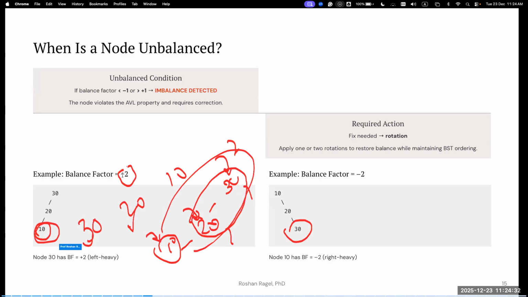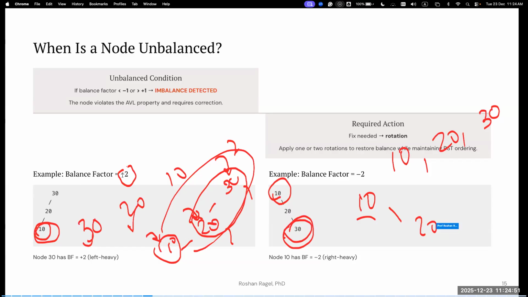Same for 30. This would have happened with 10, 20, 30, right? These three numbers in a binary tree: we add 10, this is a balanced tree because the balance factor of this is 0. When I add 20, this is still a balanced tree, because the balance factor of this node is 0 and this node is minus 1, right?